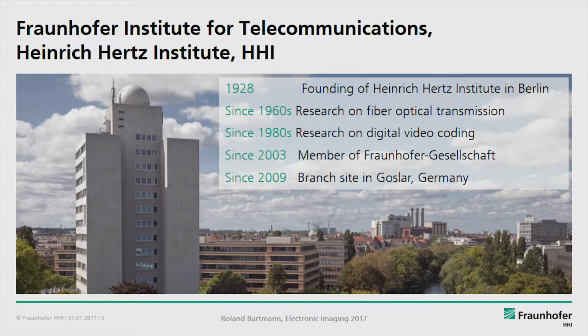But the institute I came from is the HHI in Berlin, and it has a long history. It was founded in 1928, and it's famous for telecommunication research and in fiber optical transmission and video coding.